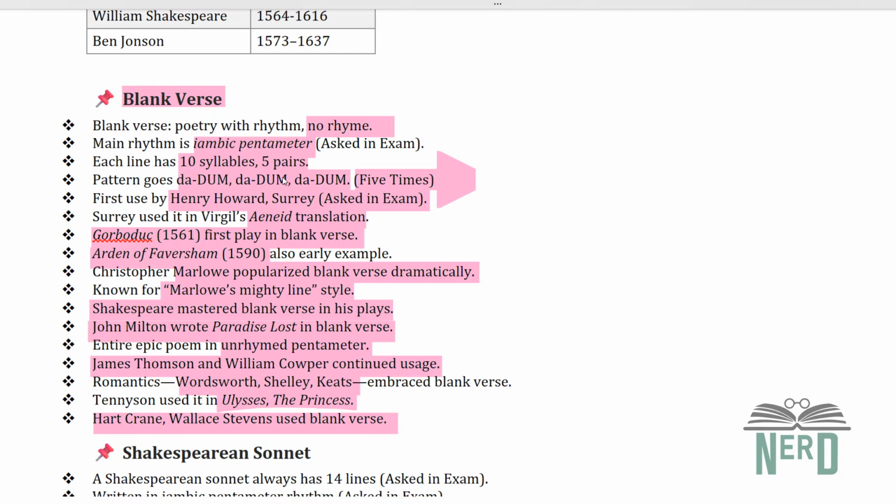So to sum up for exams, remember these checkpoints. Blank verse equals unrhymed iambic pentameter, first used in English by Surrey, with Gorboduc and Arden of Faversham as early plays. Marlowe popularized it. Shakespeare mastered it. Milton immortalized it. And later poets, from the Romantics to Tennyson to even American modernists, kept it alive.